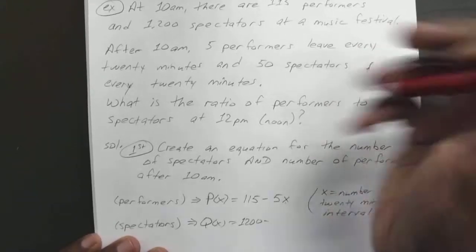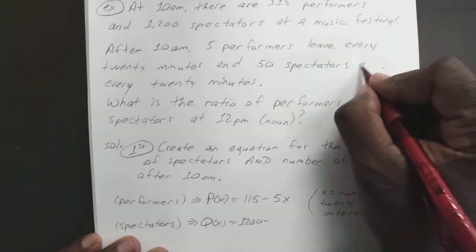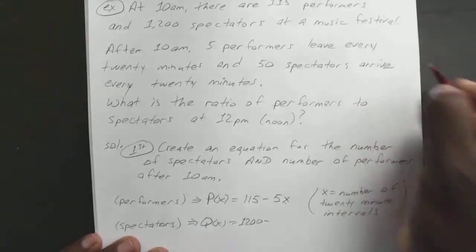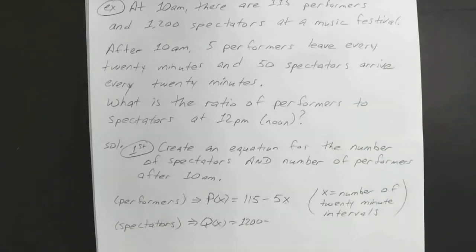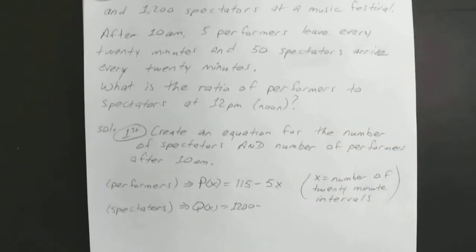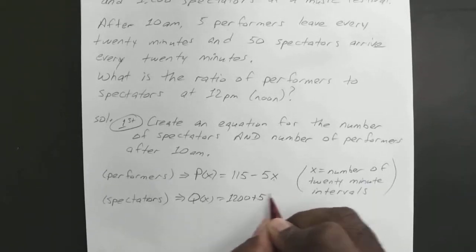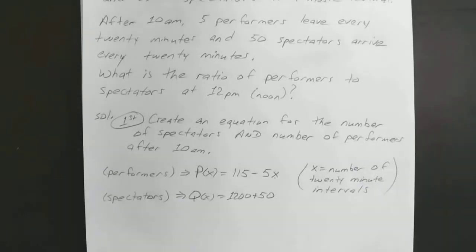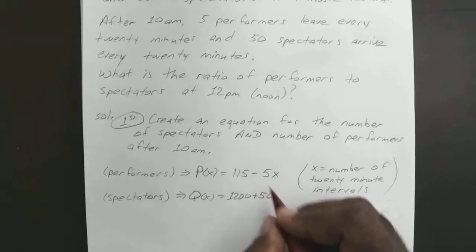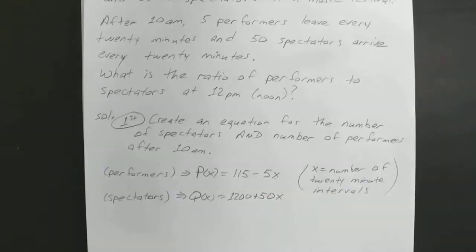Sorry about that. Every 20 minutes. Okay, so if 50 spectators arrive every 20 minutes, that means after 20 minutes, 50 arrive. After another 20 minutes, another 50 arrive. So every 20 minutes, you get another 50 spectators.